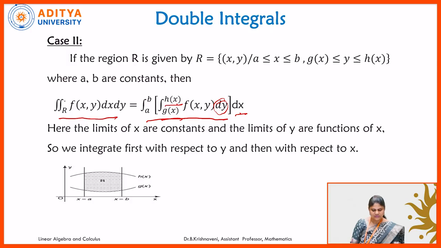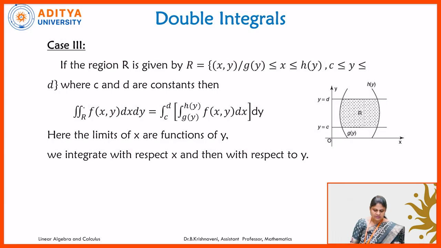In such cases, we need to integrate first with respect to the variable having variable limits, that is with respect to y, thereafter with respect to the variable having constant limits, that is with respect to x. So here the limits of x are constants and the limits of y are functions of x. So we have to integrate first with respect to y, then with respect to x.